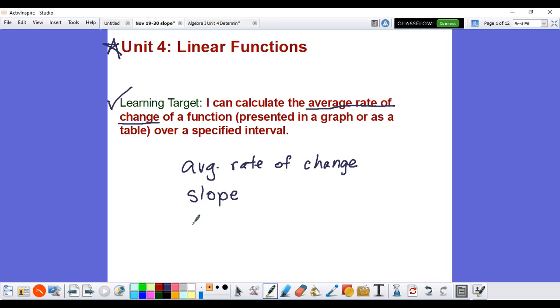And also in the sequences that you just did at the very end of Unit 3, the common difference in an arithmetic sequence is also going to turn out to be the slope. So the average rate of change, the slope, the common difference are all really talking about the same thing. Just depends on the scenario and the exact type of question that you are being asked.